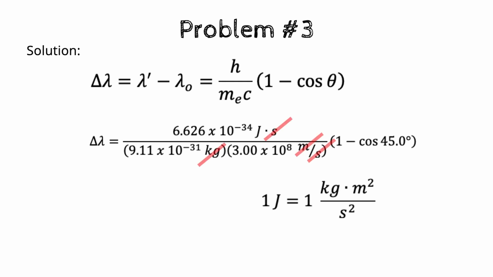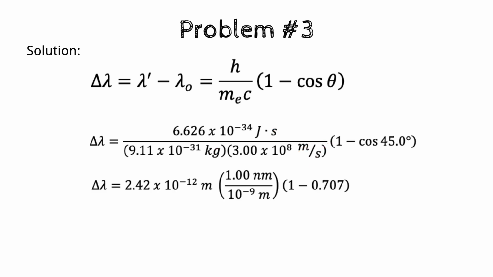Cancelling the units, we are only left with meter. Computing them, we get 2.42 times 10 to the negative 12 meter, times 1 minus 0.707.